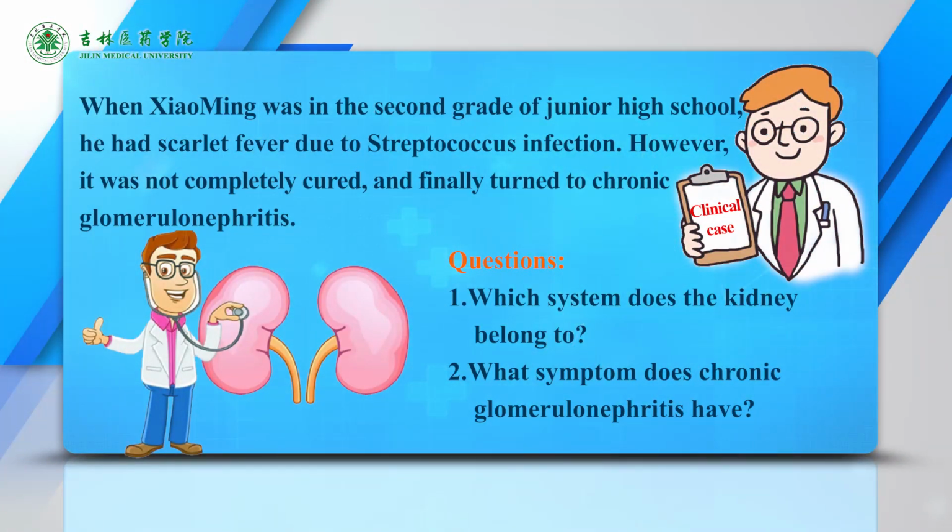Now let's look at the clinical case. First question. The kidney belongs to your urinary system. Second question. Chronic glomerulonephritis is a kind of common disease in clinic.